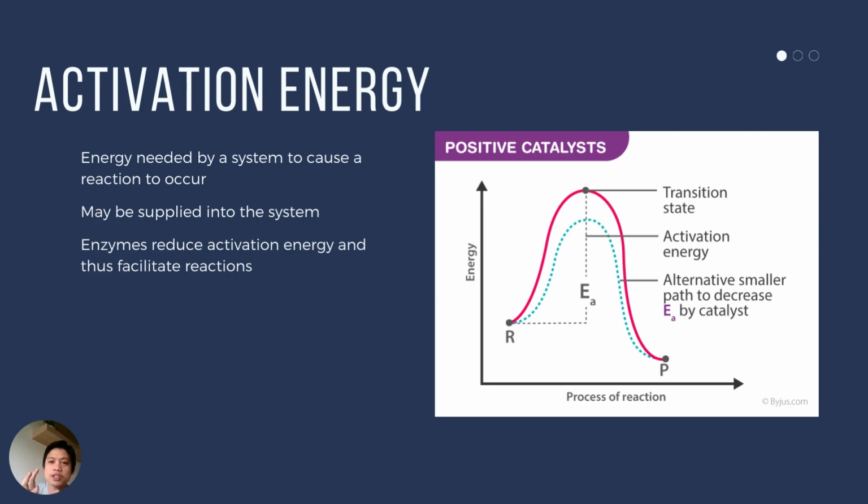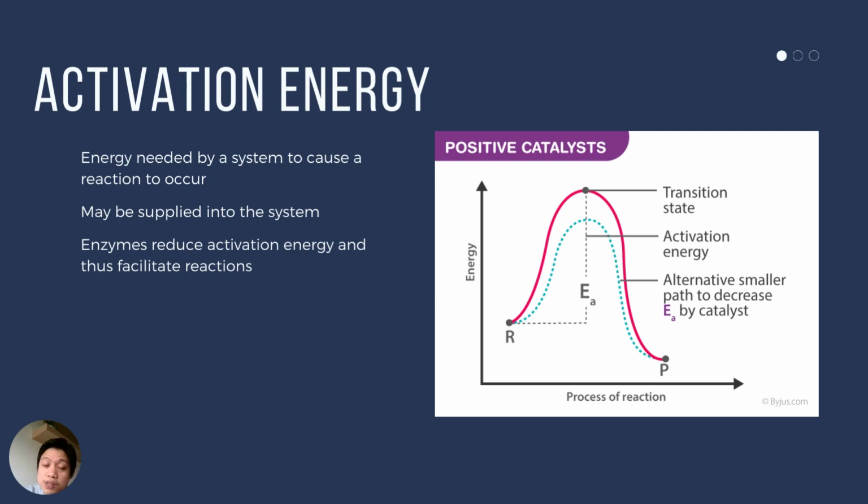Because of that three-dimensional shape, enzymes can bring the two reactants close together. So because the two reactants are in proximity with one another, the amount of energy that they have to accrue or absorb is lesser because they are closer.